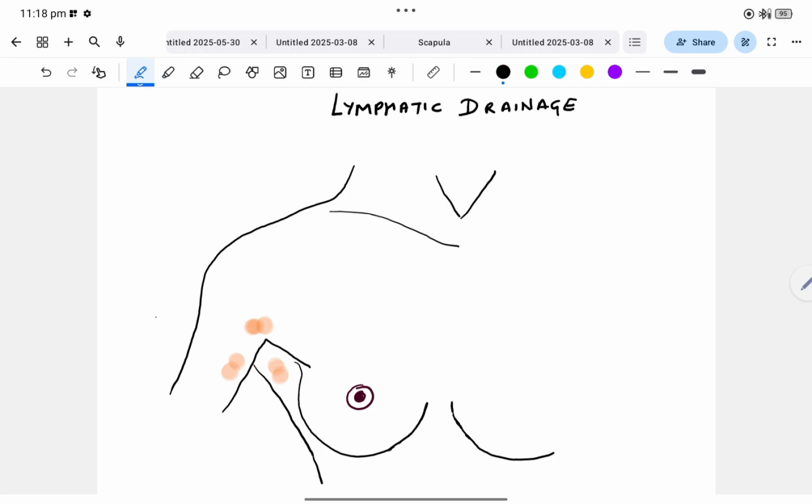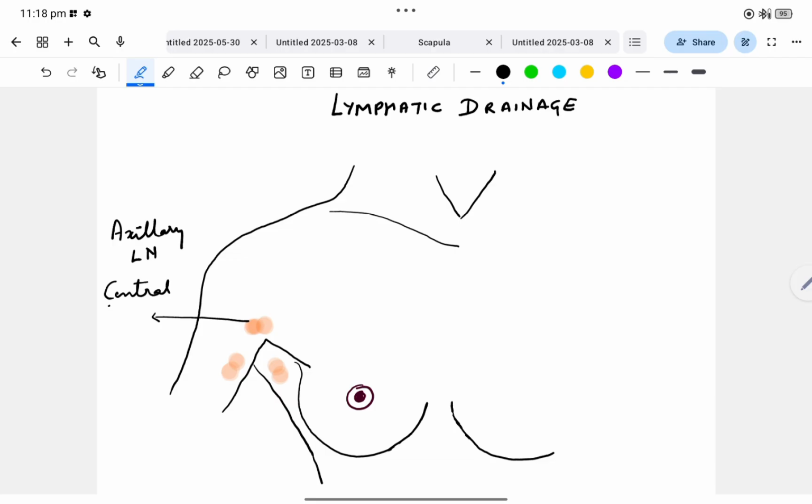So we will label them. This is central axillary. This whole group is known as axillary lymph node.